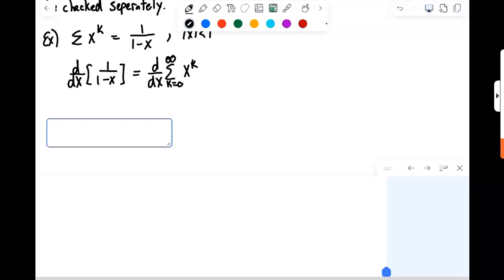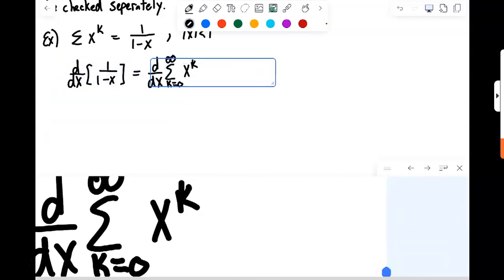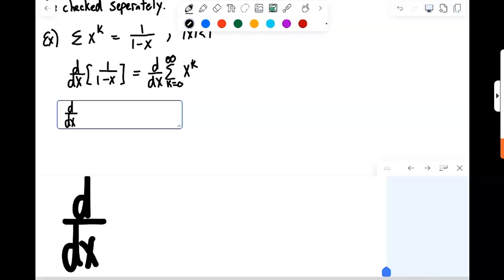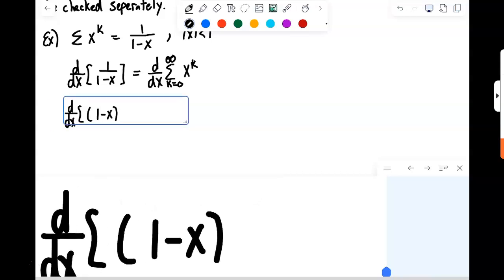Okay, so let's start taking a look at that. On the left-hand side, let's work out the derivative of this. Then we'll come back to the series in a moment. The easiest way to do that derivative, I think, would be to first rewrite that as a quantity raised to the minus 1 power, and then use the chain rule.